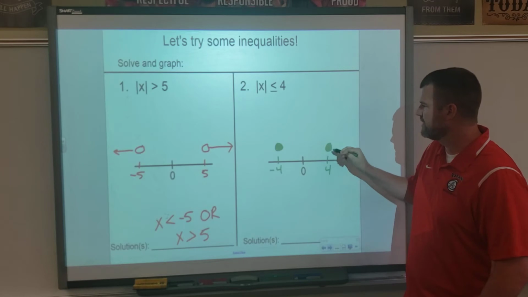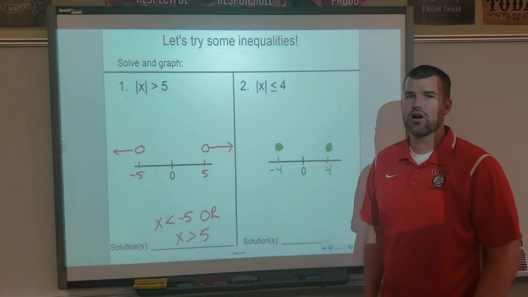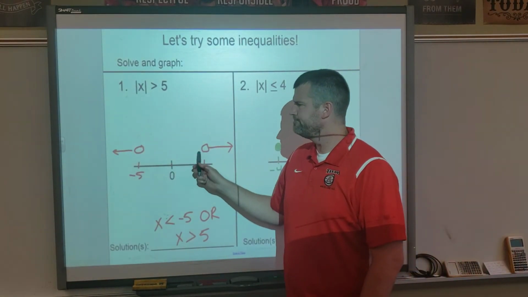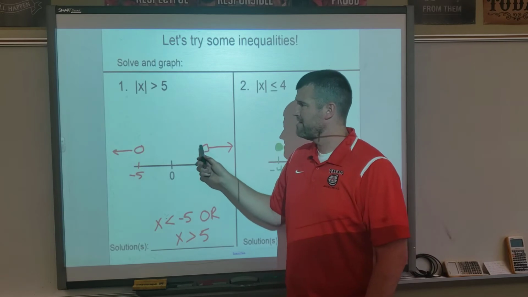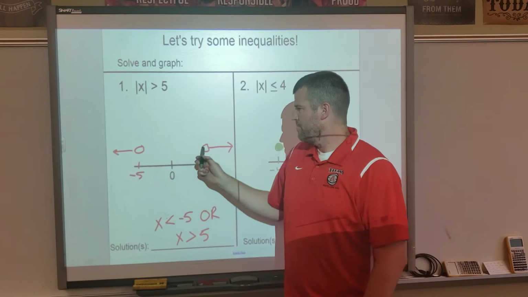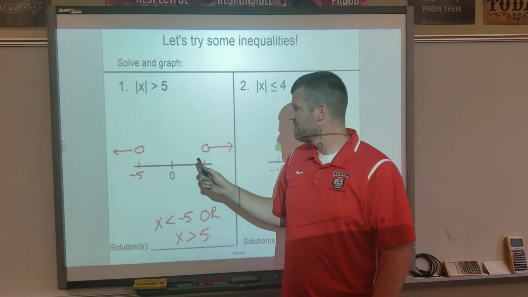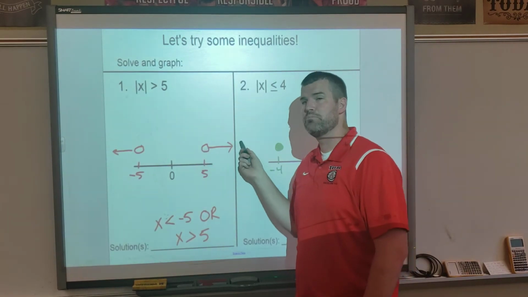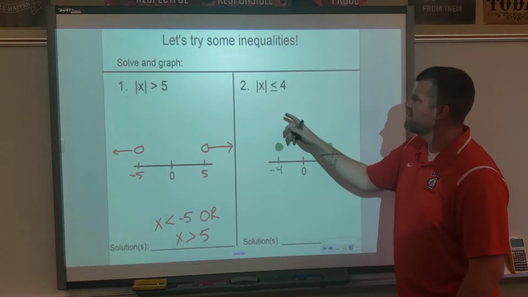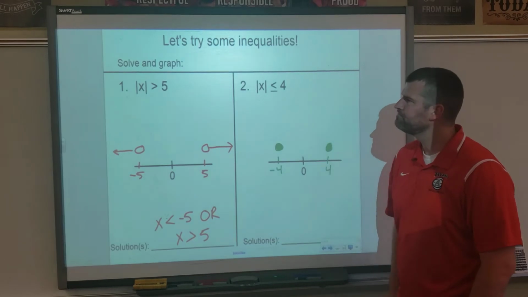I'm going to circle it in because +4 is equal to a distance of 4 away. Over here, I left the circle open because -5 and +5, if I plug them in, would make a statement that's not true. If I plug in 5, is 5 greater than 5? No. So this is not a solution. But any number bigger than 5 was, or any number smaller than -5 was. But since we can equal this time, we're going to shade in our circles.